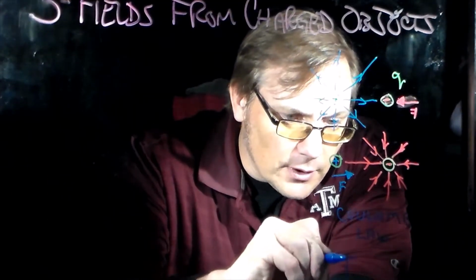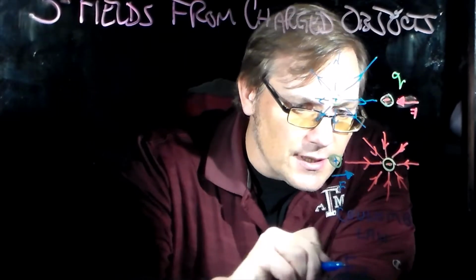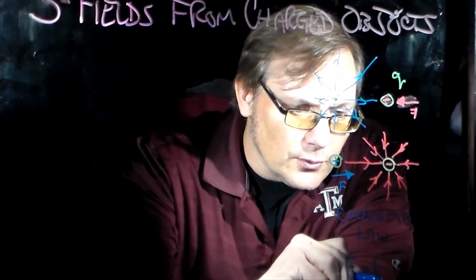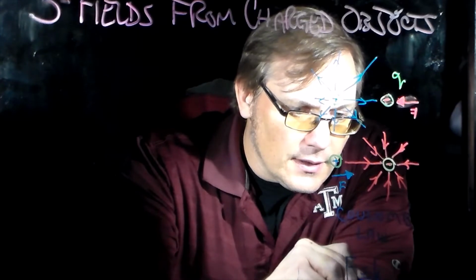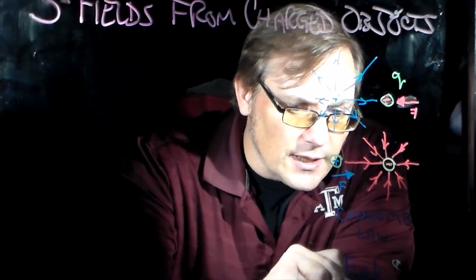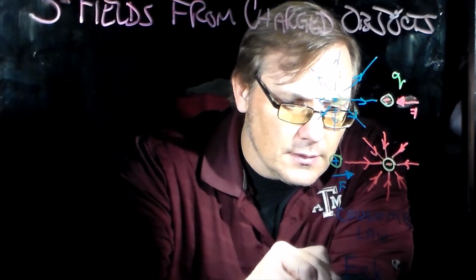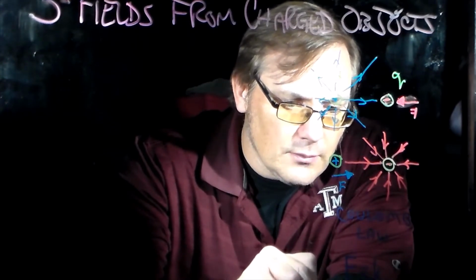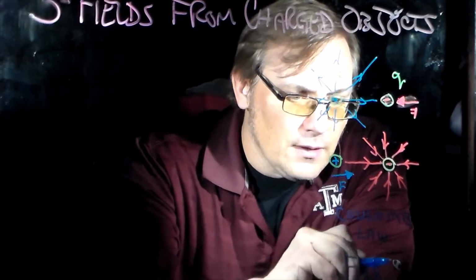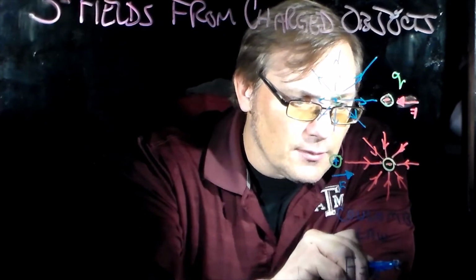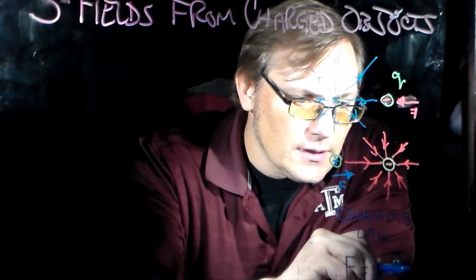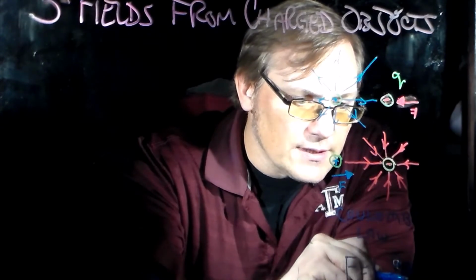And you may remember this says that the force is equal to Ke, which is called Coulomb's constant, which we defined last time, times the product of these charges over the square of the distance between them.